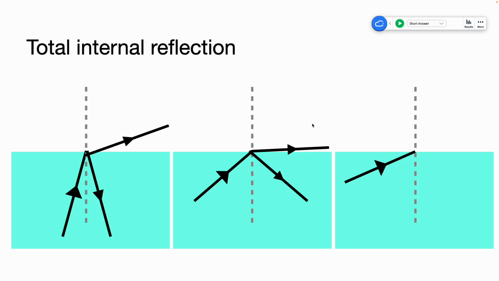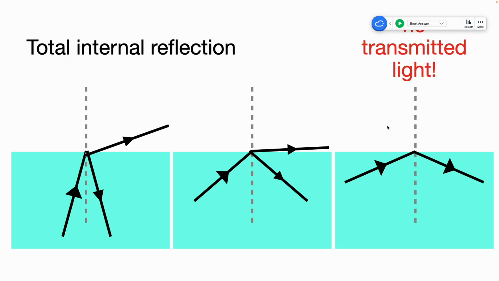So if you learn Snell's law already, the mathematics will tell you the light will bend back into the glass with some angle. But physically, that's not what happens. What happens is that all the light will be reflected by the interface, even though this is like water and air, they are both transparent.